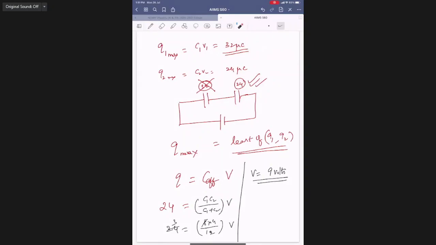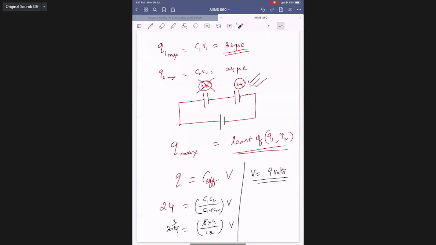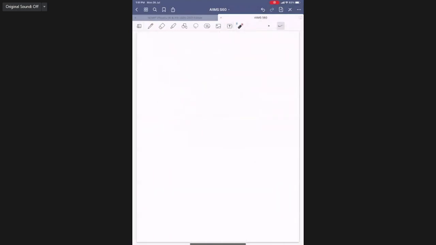So for C1 and C2, the maximum voltage for them will be different, no sir? Individually, I can withstand up to 4. Beyond 4, I will get damaged. You calculate with the given 9 volts. You applied how much? 9.